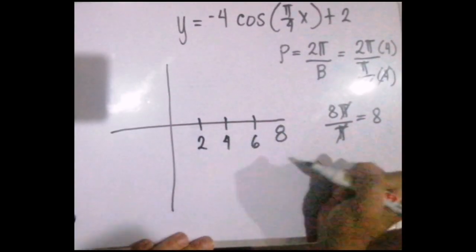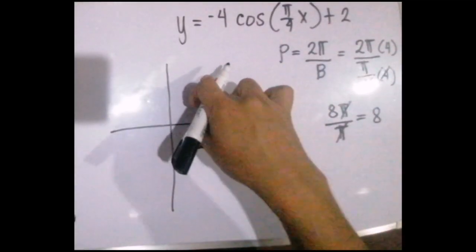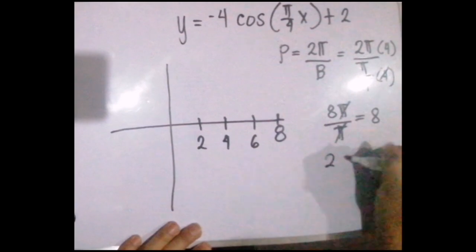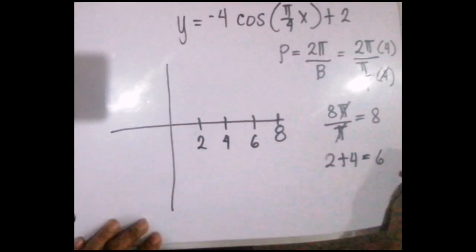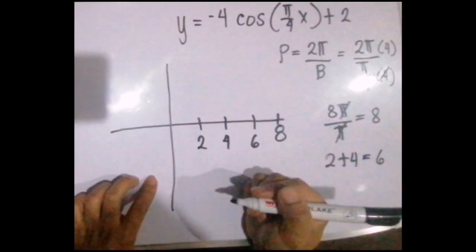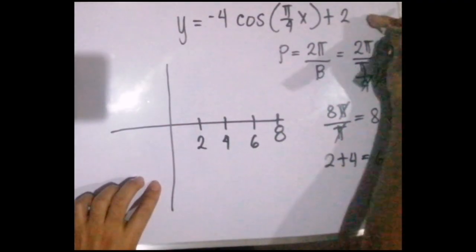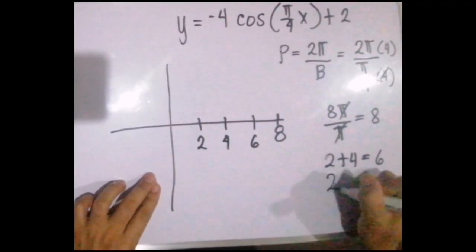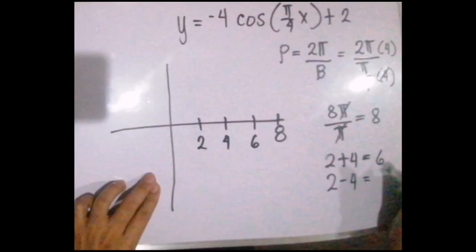In order for us to get the upper limit, we are going to add the vertical shift and the amplitude. So 2 plus 4 equals 6. In order for us to get the lower limit, we are going to subtract the amplitude from the vertical shift. So 2 minus 4 equals negative 2.